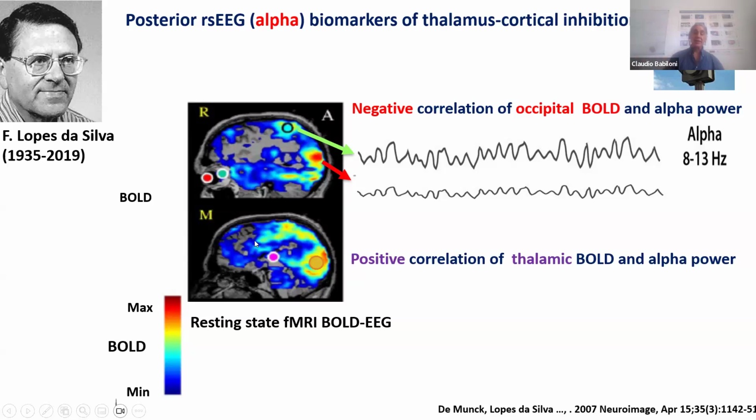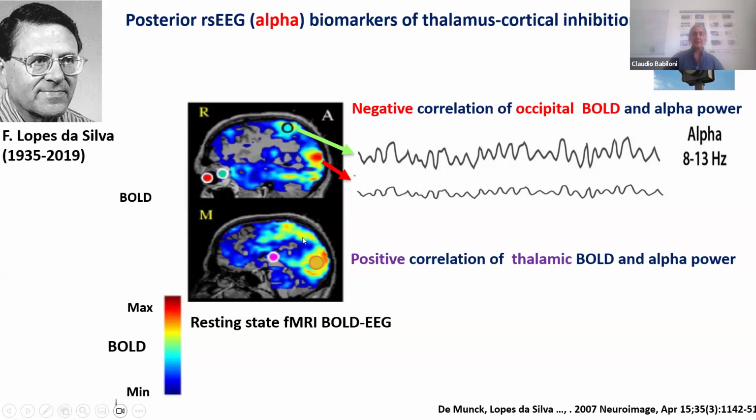And the same is true for subcortical structures. And this is typically represented by colors in the magnetic resonance imaging. In this picture, you see the two sagittal slices of functional magnetic resonance imaging during resting state. In this recording, EEG was recorded simultaneously.